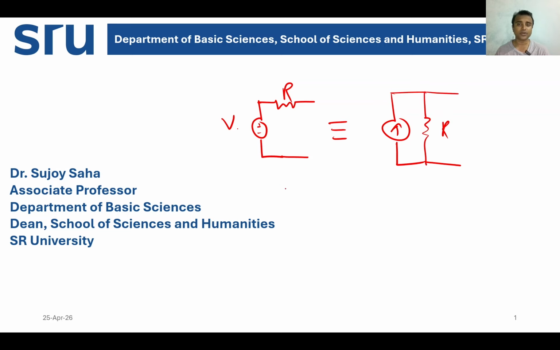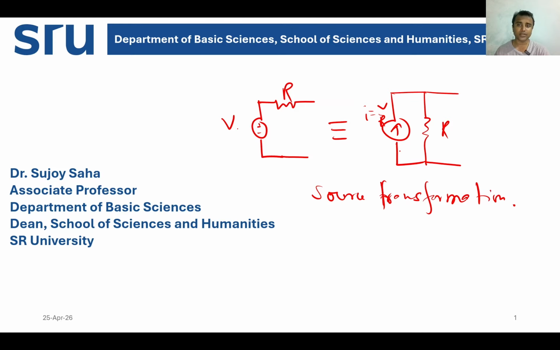This was the plain source transformation, and this I was simply V over R.